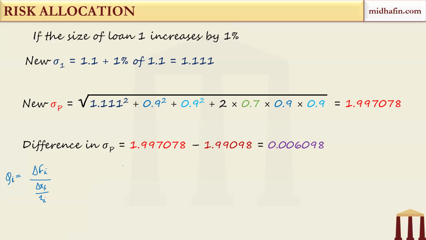Now here, the proportional change in Xi, this part in fact I can write over here. The proportional change in Xi is 1%. So it is nothing but 0.01. So you know what will be the denominator, right? And delta Fi is this. Delta Fi is this. Okay. So now can you tell me?